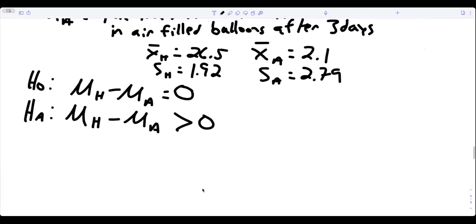Okay. Assumptions, conditions. And okay, careful, because this is not a random sample. Why is it not a random sample?